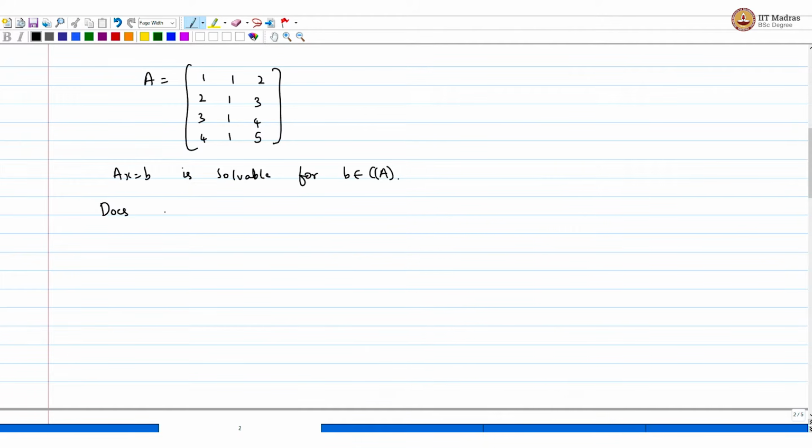The question is, does every vector in R4 belong to the column space of A?